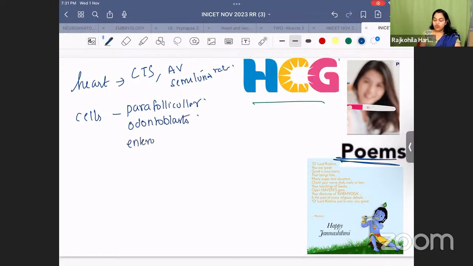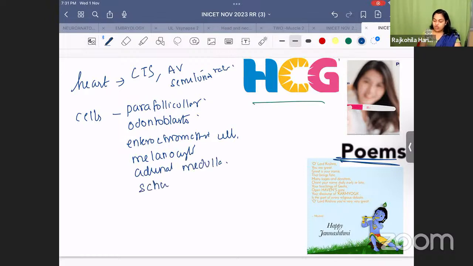The enterochromaffin cells, right? And I would like to put two things. One is the melanocytes or the melanoblast, and then adrenal medulla. And lastly, Schwann cells. So H is done, C is done, coming to ganglia.